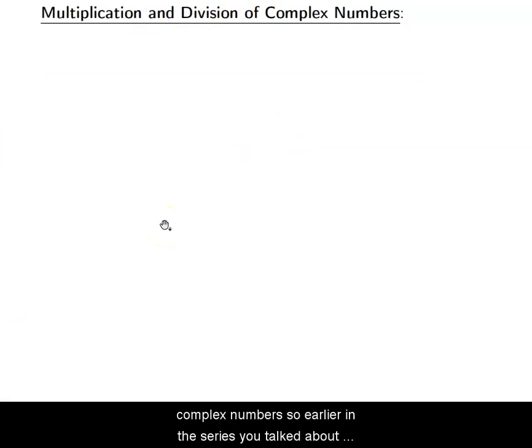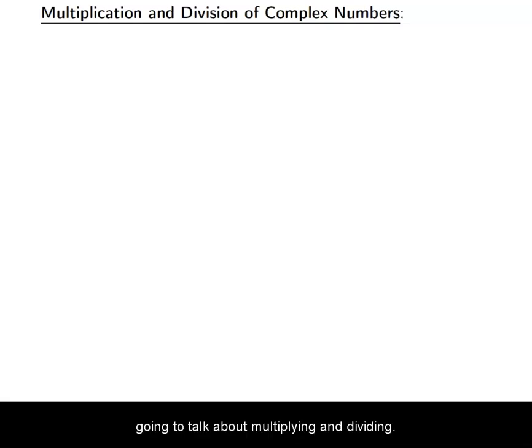So earlier in the series, we talked about how to multiply and divide complex numbers, as well as adding and subtracting. Of course, I think it was way back in chapter 1. However, we're going to talk about multiplying and dividing complex numbers using their polar form.